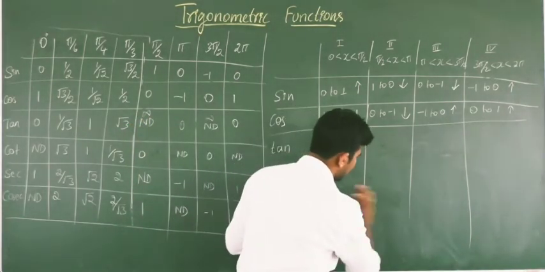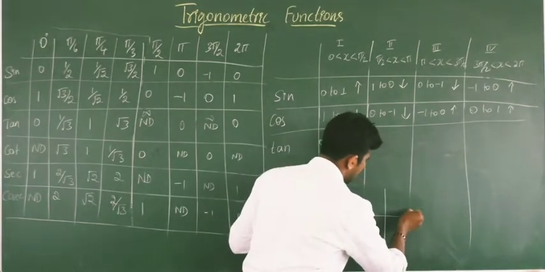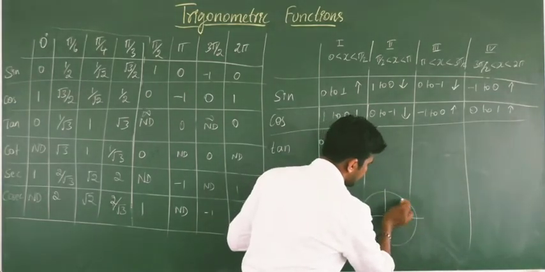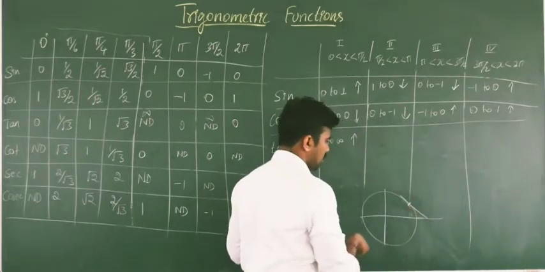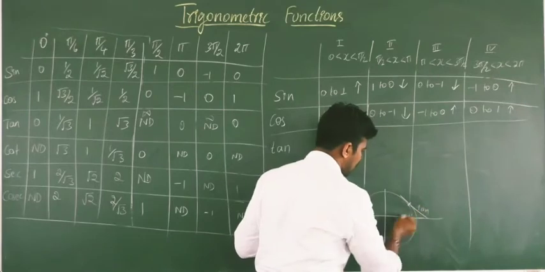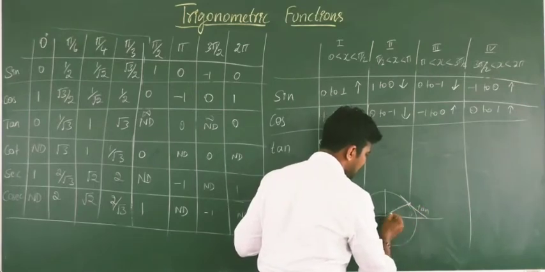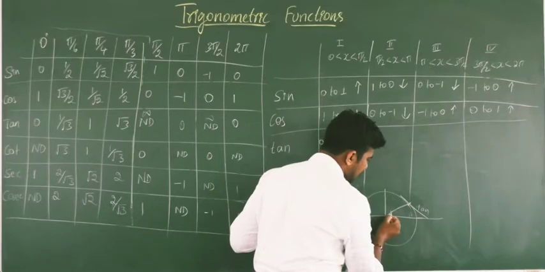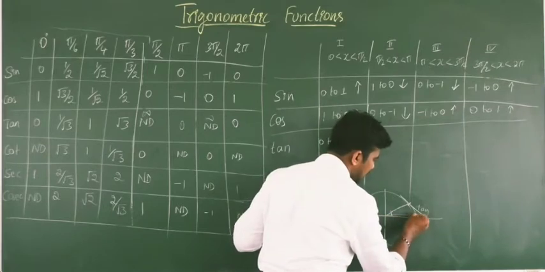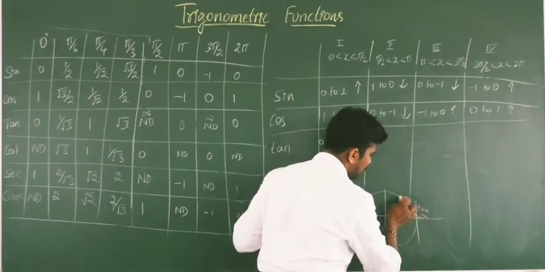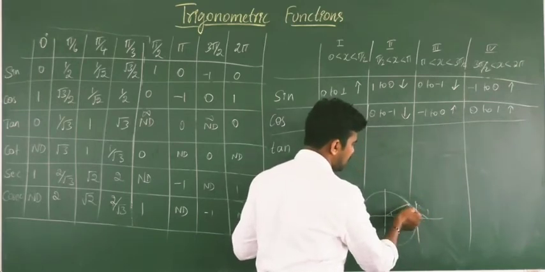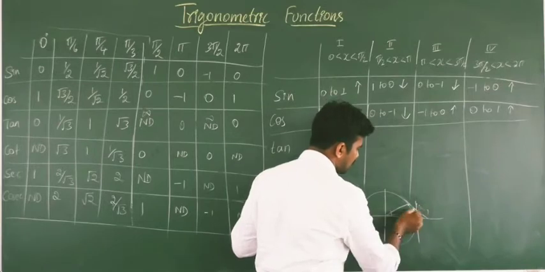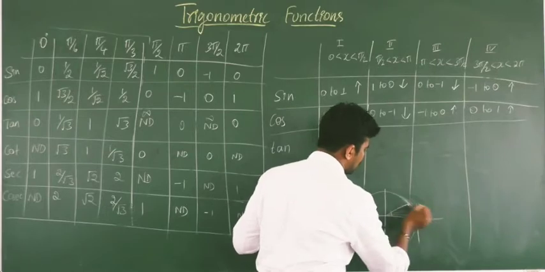You know how tan comes in the graph. Here this is a unit circle, and this is a tangent for this point when you take the central angle x. If you take the central angle 0, the tangent is a vertical line, and the tangent value is 0, and it increases as the angle increases.